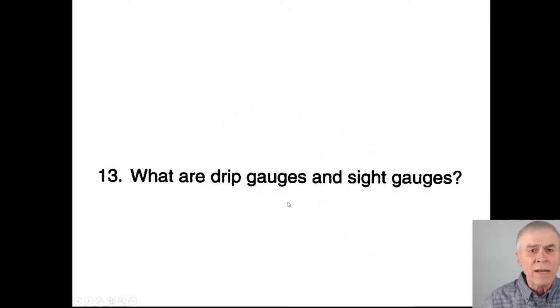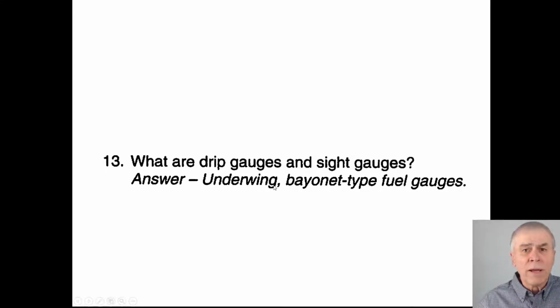They're usually bayonet style on the bottom of the wings, and it's a way for ground personnel to actually make a confirmation of the amount of fuel in the tanks to make sure it corresponds with what the indicators in the cockpit are showing. Underwing bayonet type fuel gauges. All right. I guess I got a little more verbose, but I think I hit it all.